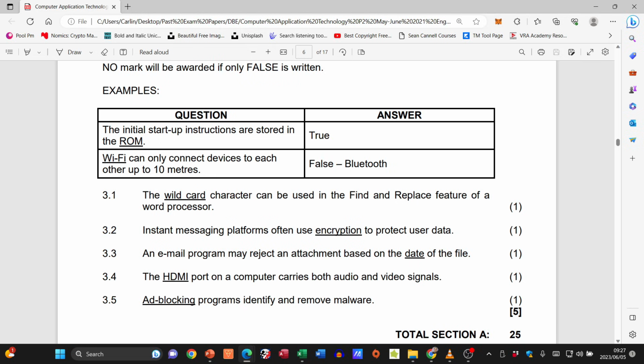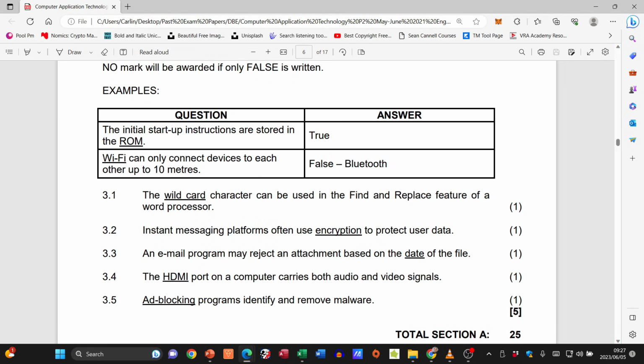An email program may reject an attachment based on the date of the file? No, it won't do that. So the first thing is it's false. Secondly, the only time an email program will reject an attachment is based on the size or the type of extension. That's the only way that it's going to do that.